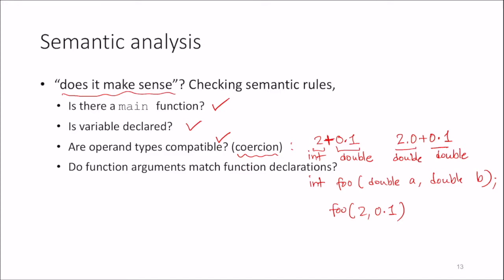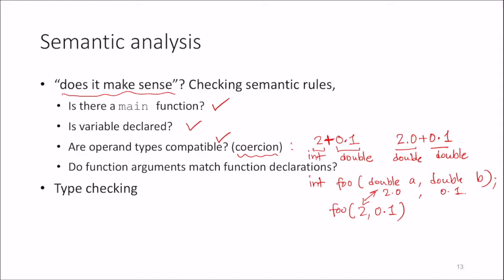Now, in order for these two to match, I might have to promote 2 as an integer. So when you're going in this tree structure bottom up, 2 might have been analyzed as an integer. But in order to call this function, you need to promote it. So when it goes into this function, it's going to go in as 2.0 and 0.1.